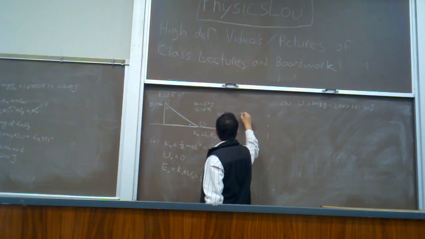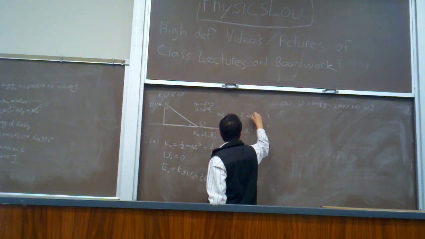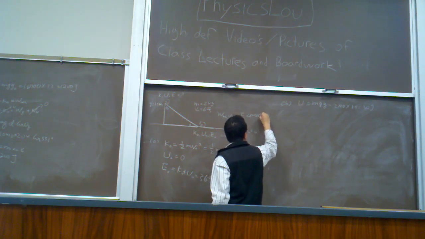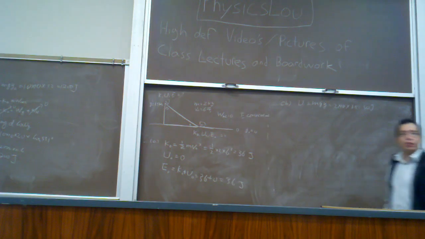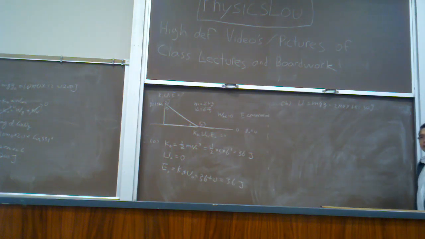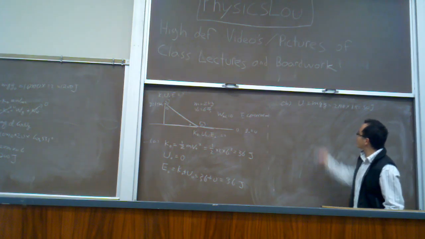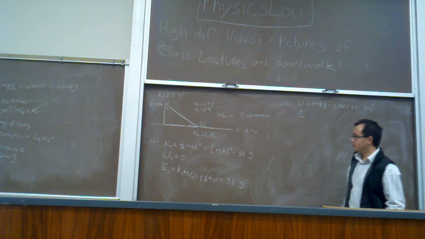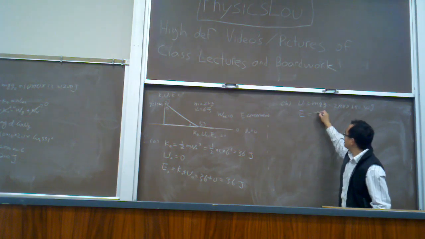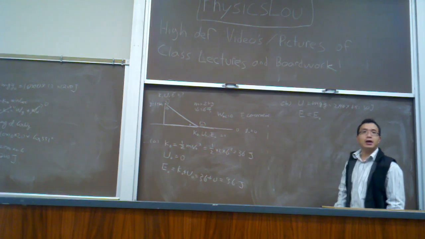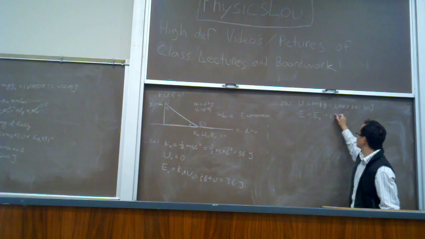Mechanical energy is conserved. So from this fact, can you tell me what the value of E is? 36, because if it's conserved, E final has to be the same as E initial, which equals 36.